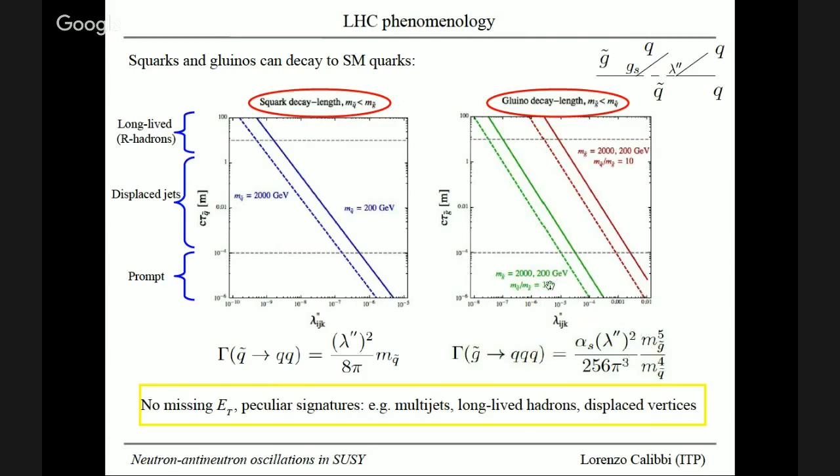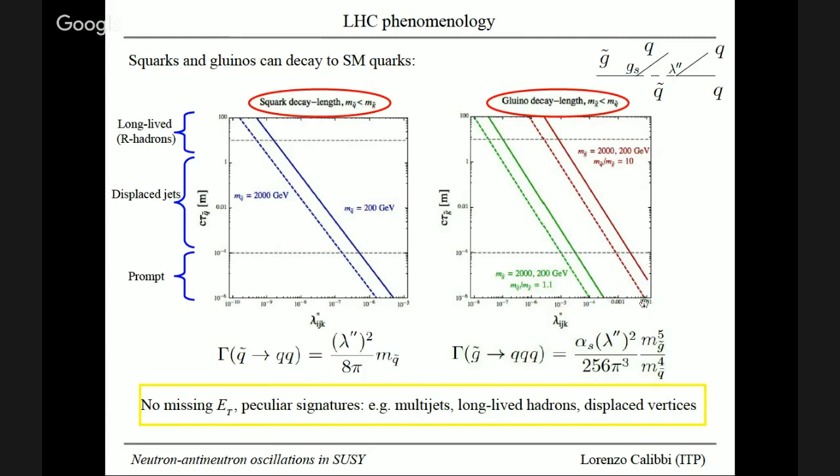So the lifetime depends also on the ratio between quark and gluino mass. But as you can see, below, say, 10 to the minus 4, the gluino tends always to be long-lived enough to give rise to displaced vertices.